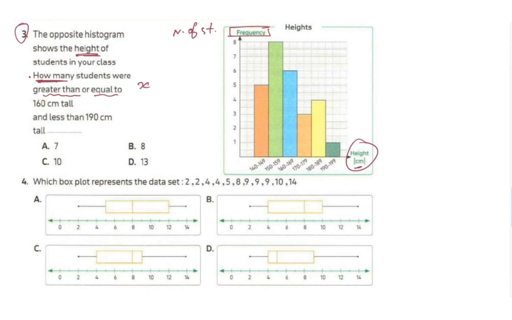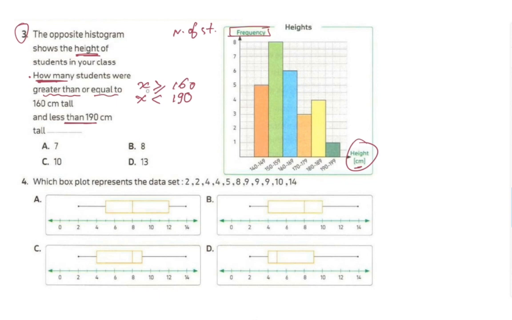So x is greater than or equal to 130 centimeters, and at the same time less than 190. Now I need to find x.